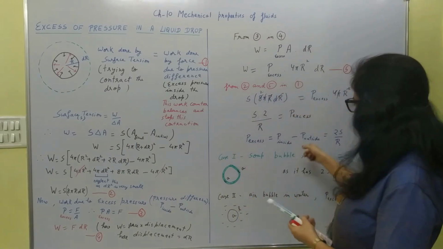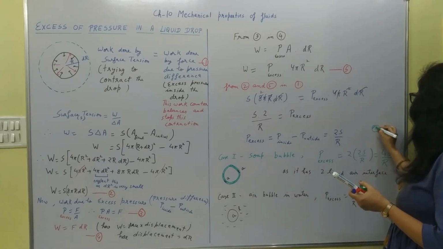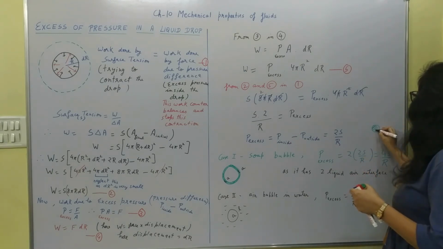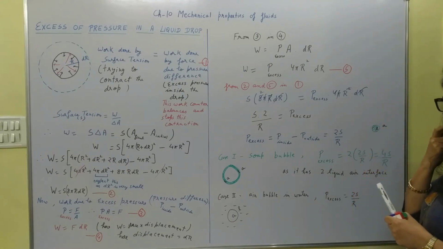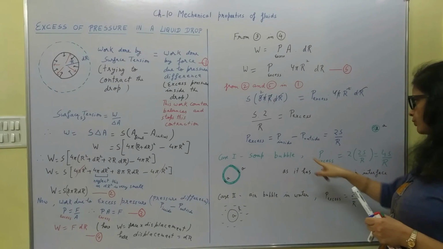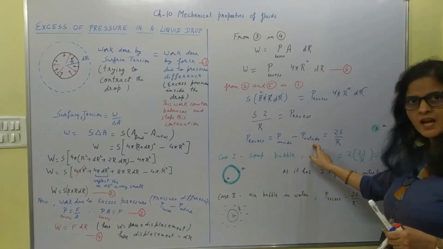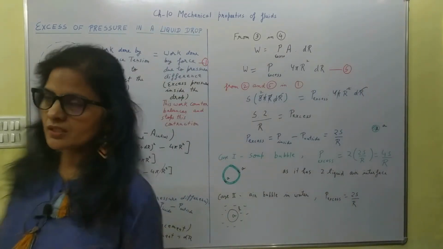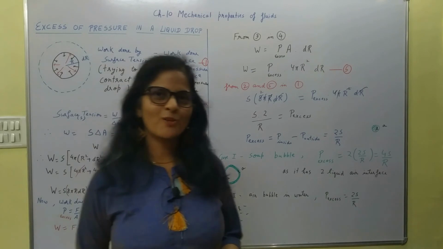And if we are talking about a water drop, then this is the water drop and this is air. This is liquid, this is air. So one liquid-air interface. So this is all about excess pressure. If I want to find the inside pressure, it will be 2S upon R plus the outside pressure. So this is all about excess pressure in a liquid drop. So that's all for now. Have a nice day.